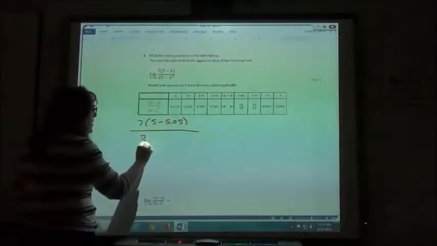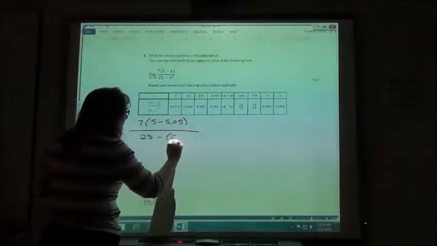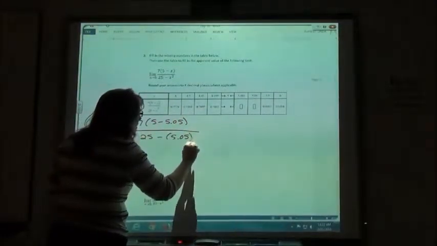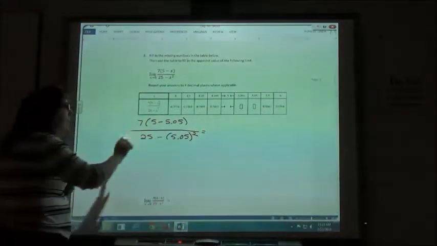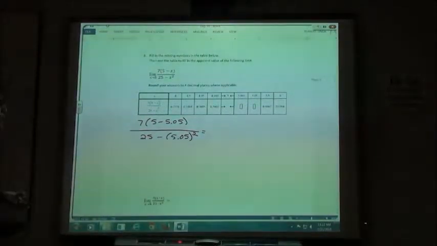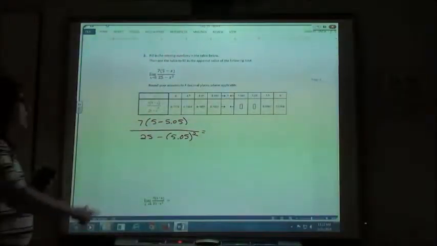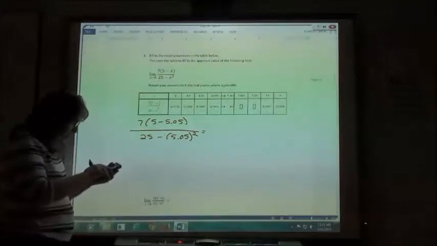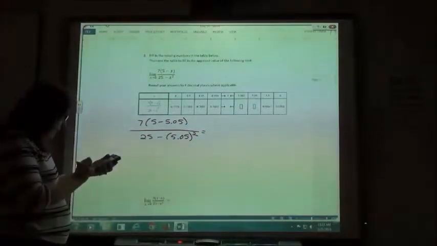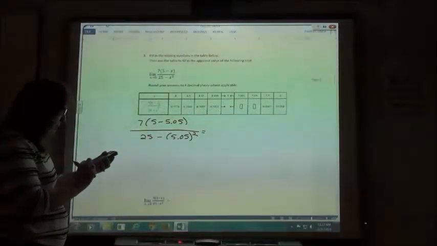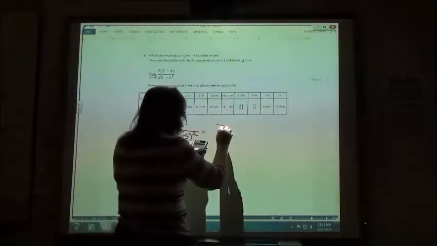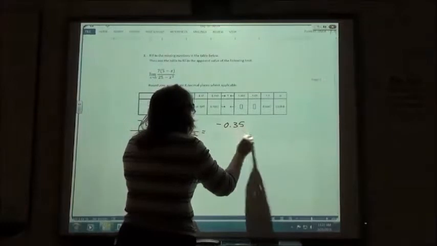On the bottom, 25 minus 5.05 squared. Again, I'm going to do the top separately from the bottom. I don't have any weird square roots or anything, so I should just be able to type in the whole top. So 7 parentheses, 5 minus 5.05, close my parenthesis, gives me negative 0.35.